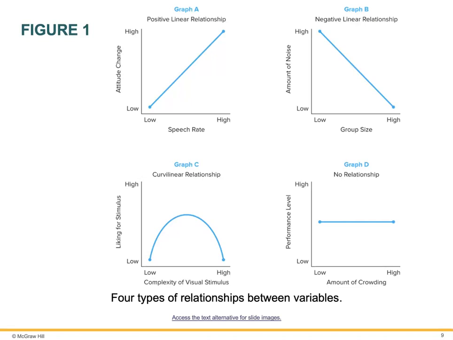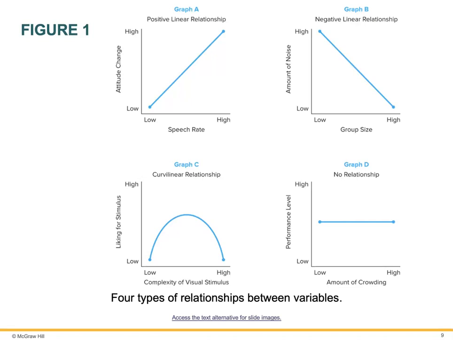The speaker advocated a position favoring legislation to raise the legal drinking age, and the students initially disagreed with this position. So in graph A, figure 1 shows the positive linear relationship between speech rate and attitude change that was found in the study. As rate of speech increased, attitude change also increased.